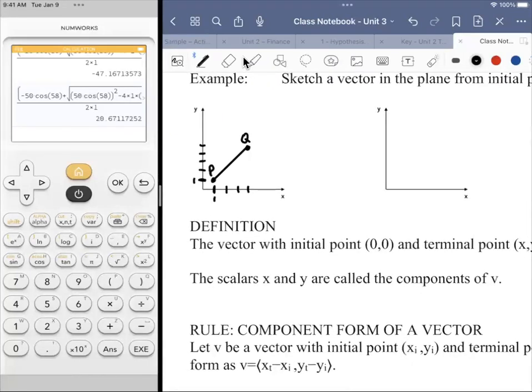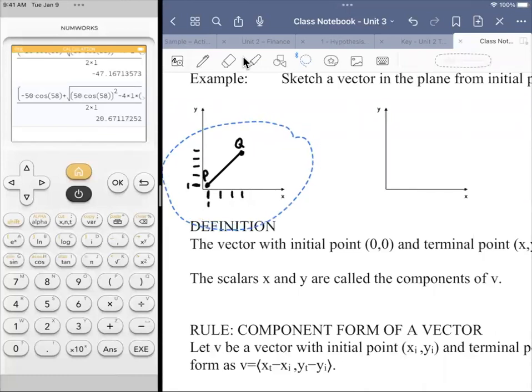Now, if I want a vector that corresponds with that line segment, it needs to be pinned at (0, 0). Essentially what I'm doing is taking all of this and shifting it down so that P is at 0. You can see it throws my whole scale out of whack, but we can find relative positioning, and that'll help us determine the vector.